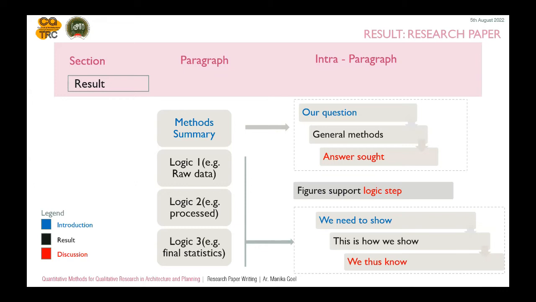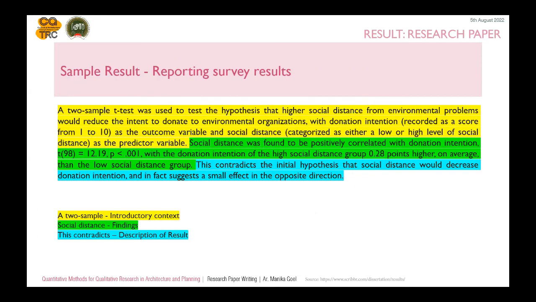The tables and figures which you use to support the logical steps should not be confusing and should be properly labeled. Take an example of reporting survey results: a two-sample t-test was used to test the hypothesis that higher social distance from environmental problems could reduce the intent to donate to the environmental organization, with donation intentions as the outcome variable and social distance as the predictor variable.